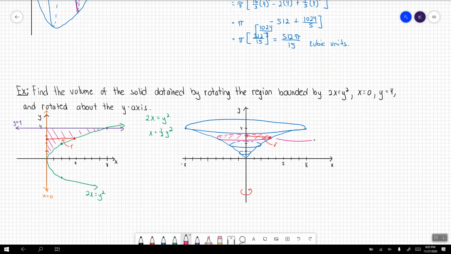So if we want to find the area for that cross-section, this is going to be an area in terms of y, and we're going to take pi r squared, and r in this case is x is equal to 1/2 y squared.